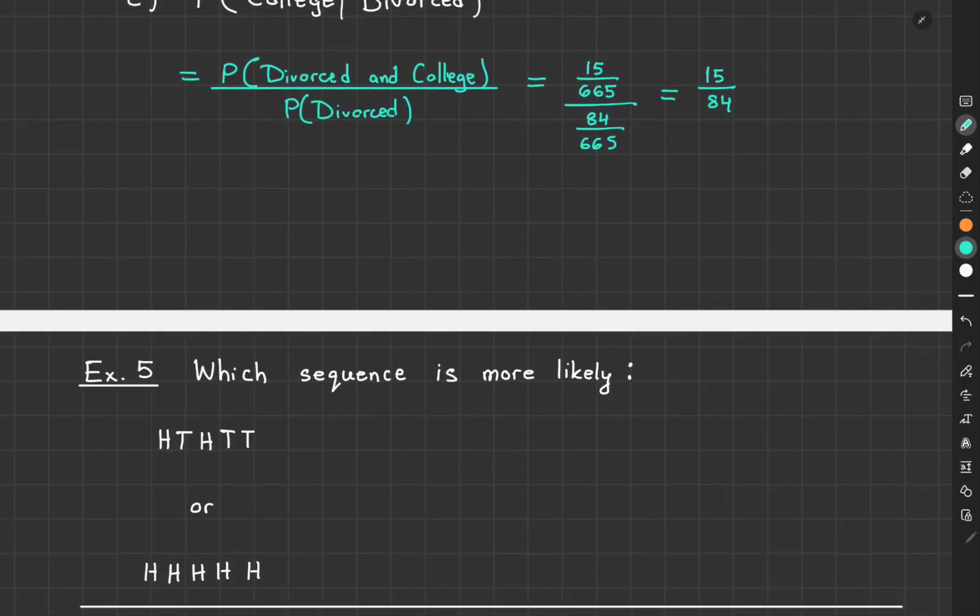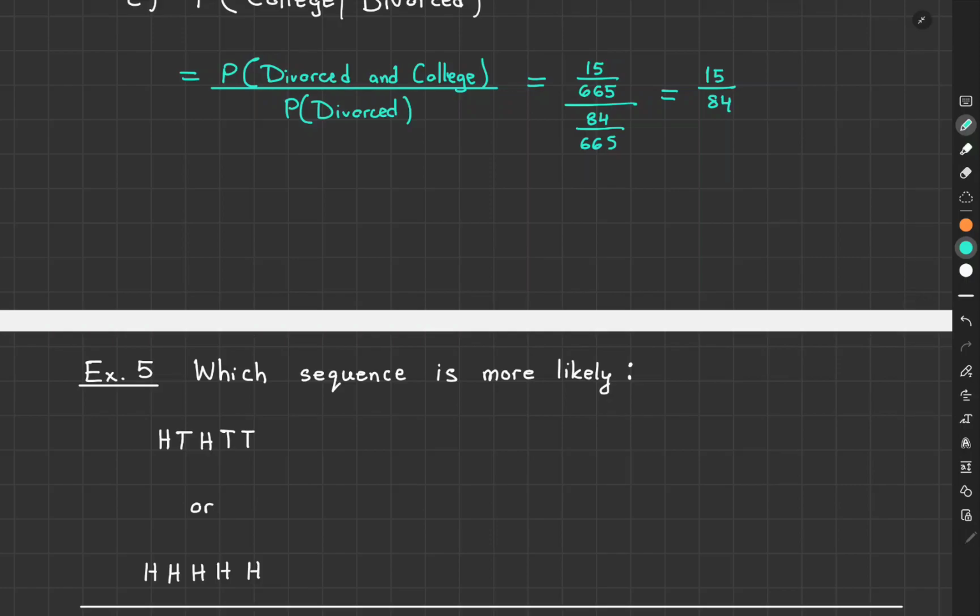Now, last time we were in person, I asked some of you, we were talking about flipping coins and coming up with the probabilities of certain sequences. And I asked, which sequence do you think is more likely?